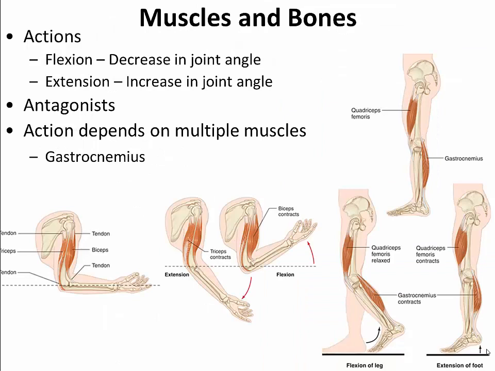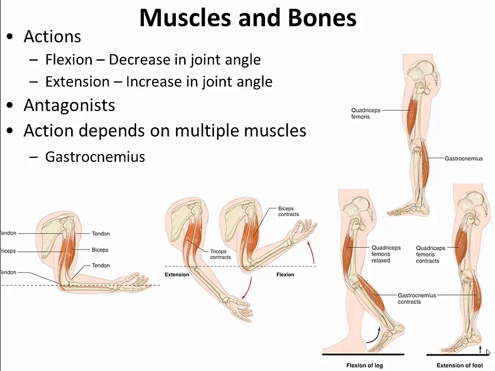As we finish up section 9.6, we want to take just a moment to talk about some terms related to muscle contraction and the nature of muscle contraction. We're probably aware of these terms, but we want to make sure that we remember flexion and extension. Flexion always refers to the decrease in joint angle during muscle contraction.